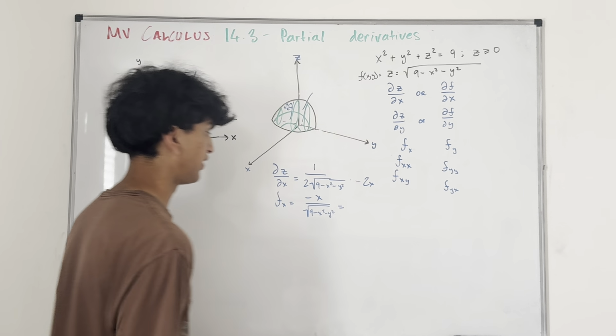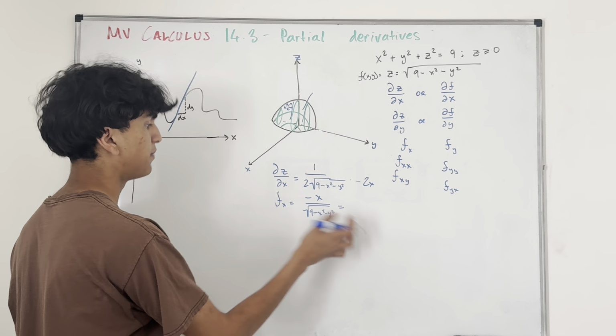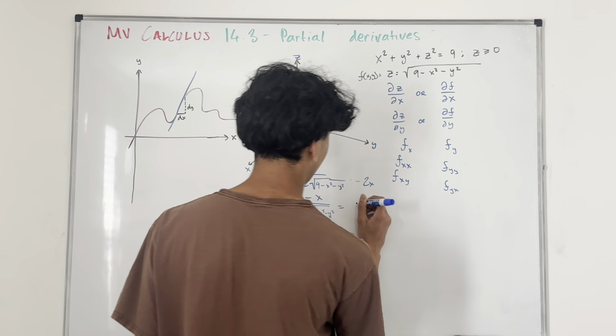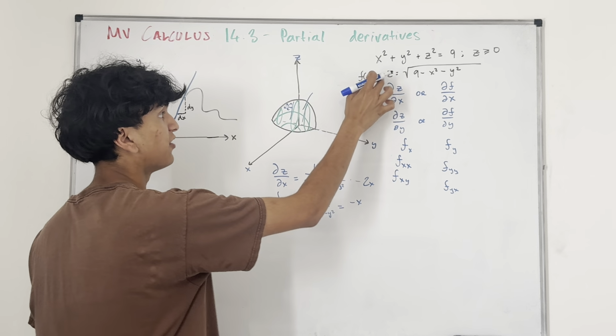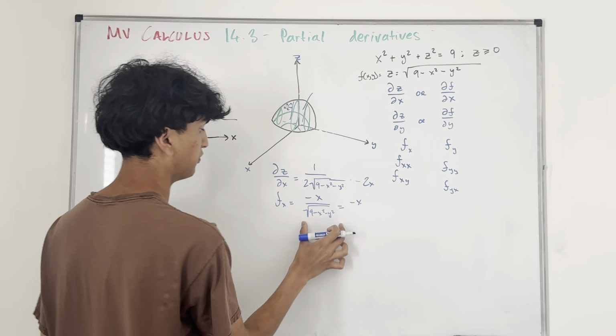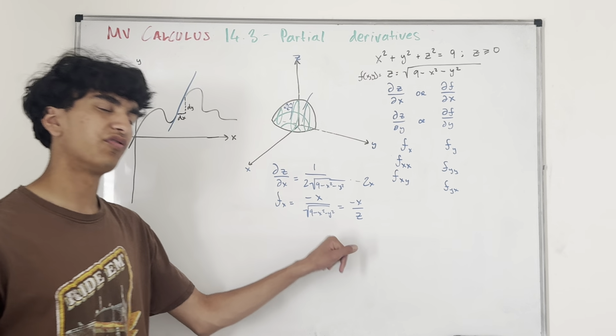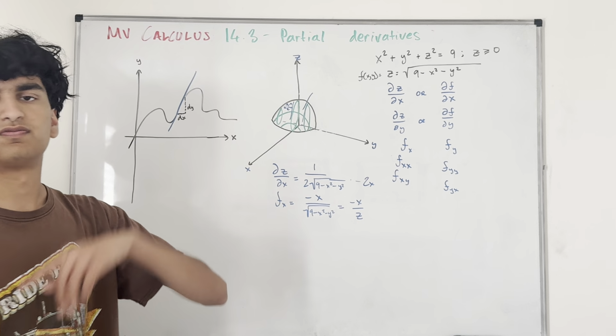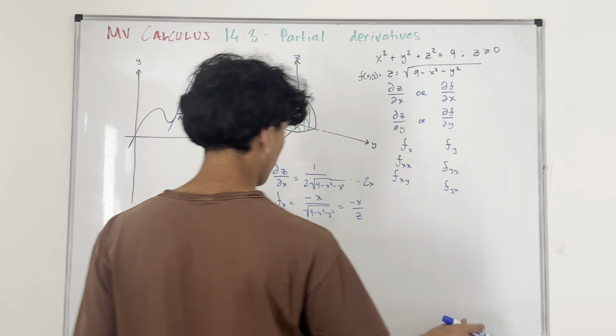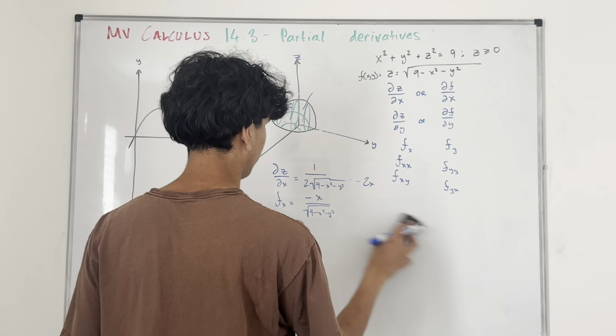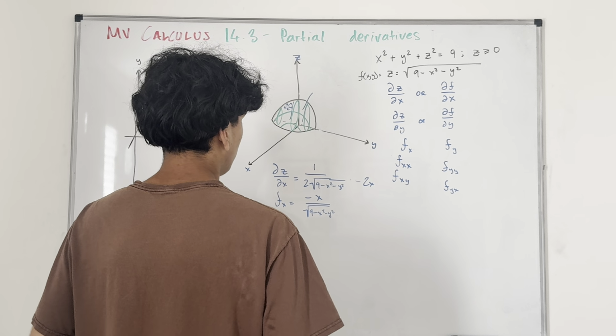And if you're clever, that square root in the bottom is also just z, so it's also negative x over z, which should make sense if you've ever taken the derivative of a circle. But I'm just going to leave it in terms of y's and x's.